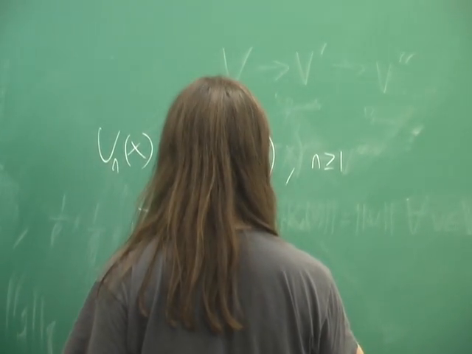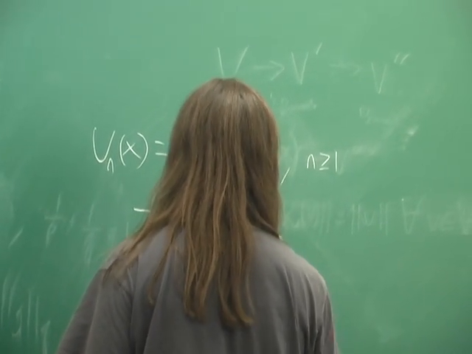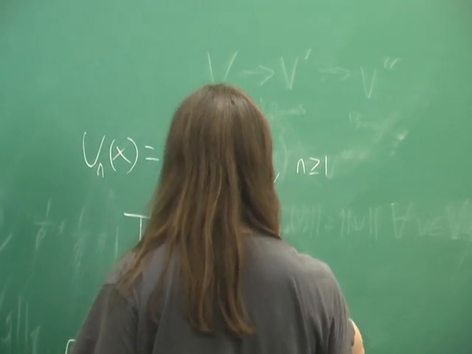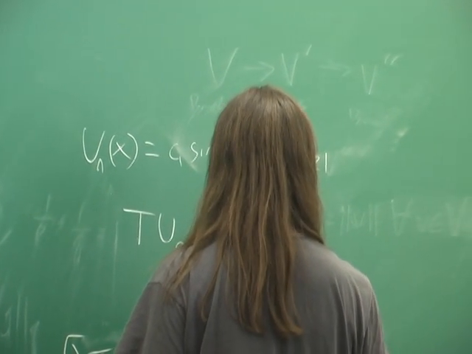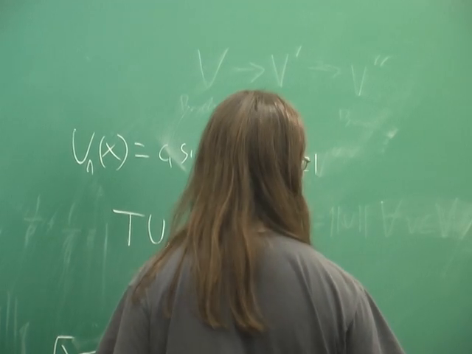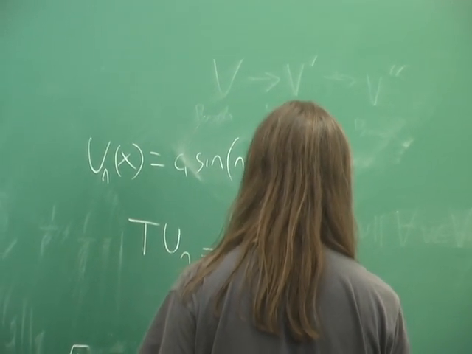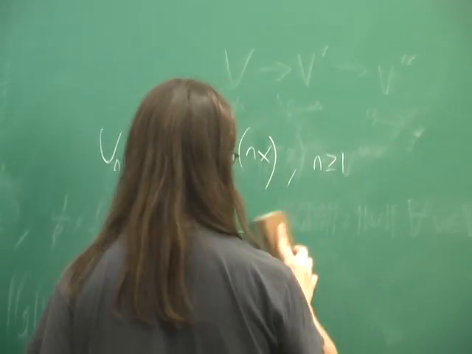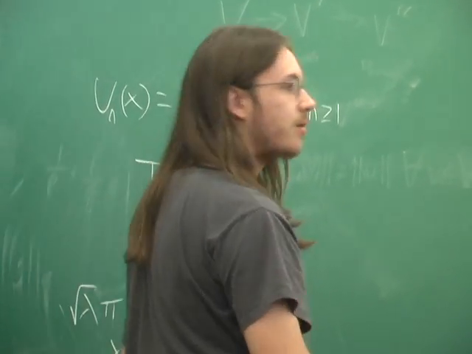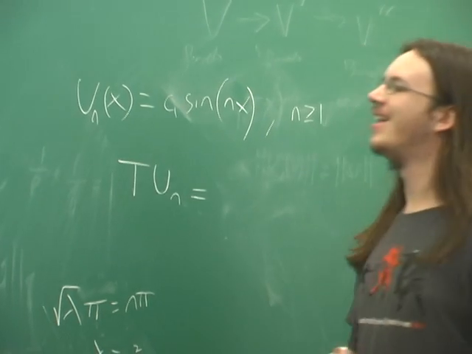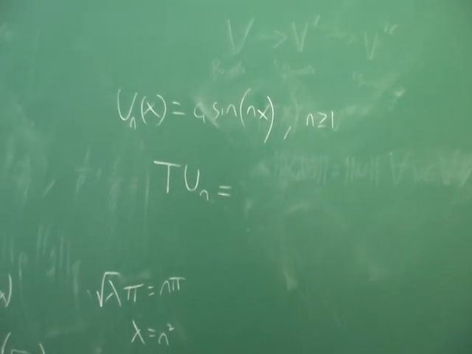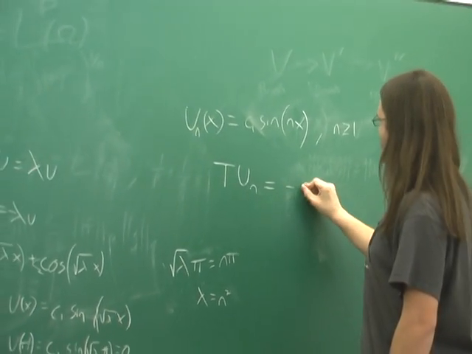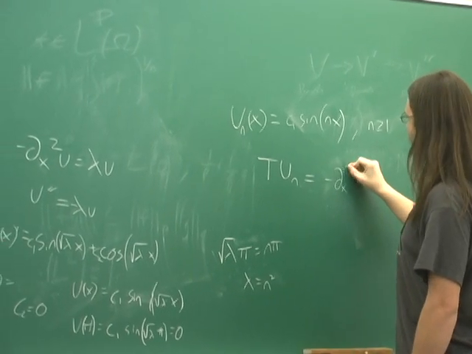You don't need x. T is equal to negative d squared. Look at the board. Lambda is n squared. So what do you get?